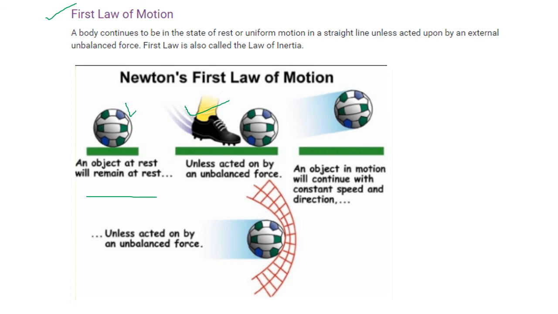Once the resting ball gets the force, the object is now in motion and will continue with constant speed and direction. It will keep moving on and on, unless it is acted on by an unbalanced force. That means there is something which is stopping it.